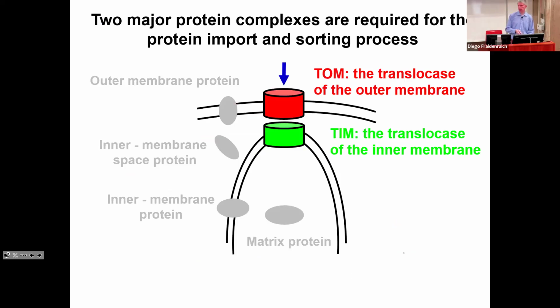So when a protein is going to be imported into mitochondria, there are two major complexes that play a role in this. They are called TOM and TIM, for translocase of the outer membrane, OM, and translocase of the inner membrane, IM.